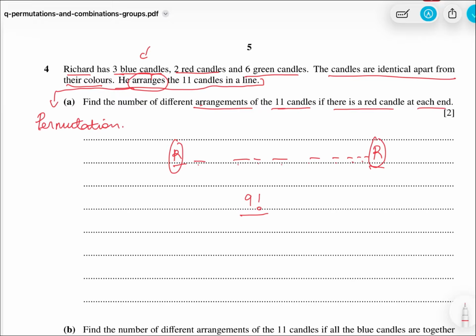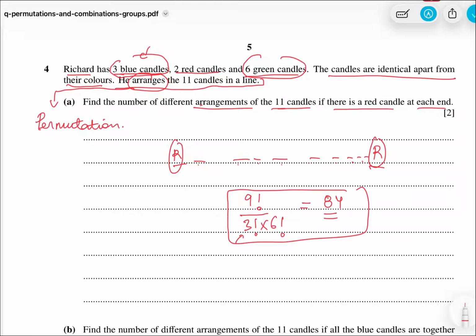Out of these, how many are identical? 3 blue candles, so I will divide by 3 factorial, and 6 green candles, so I will divide by 6 factorial. And my answer would be 84.